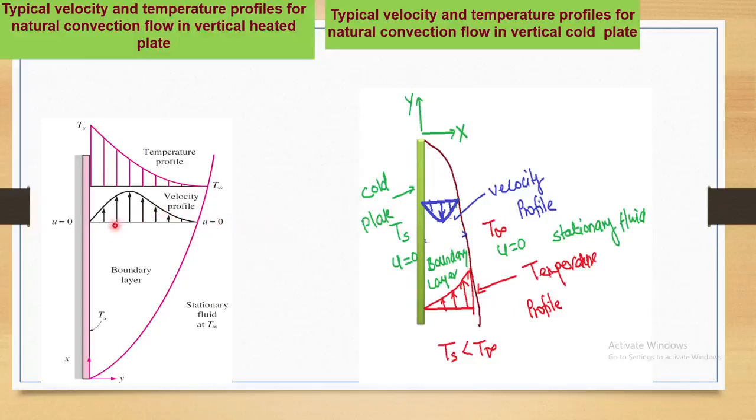However, in case of free convection, velocity is zero at the surface of the plate, zero at the boundary layer, and beyond the boundary layer it is zero velocity, and in the middle of the boundary layer the velocity is maximum. So please note, this is very interesting information in case of free convection.